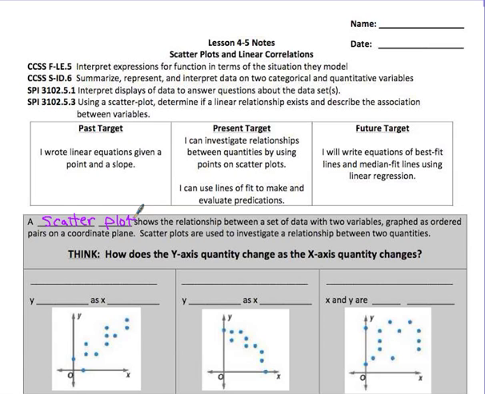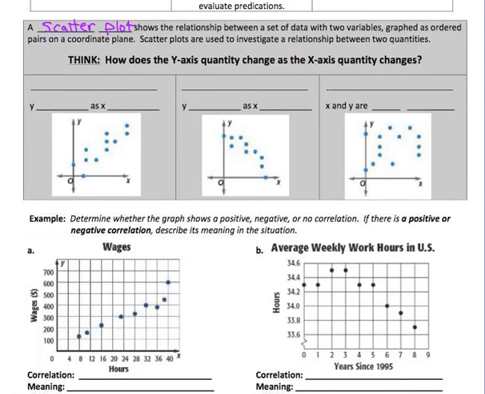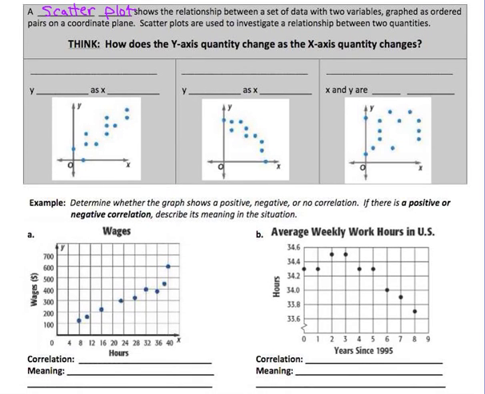And then when we have a scatter plot, there are three different relationships our scatter plot can have. If you look at the very first one, as I look at these dots, I should see kind of an upward trend, meaning that this is a positive correlation.